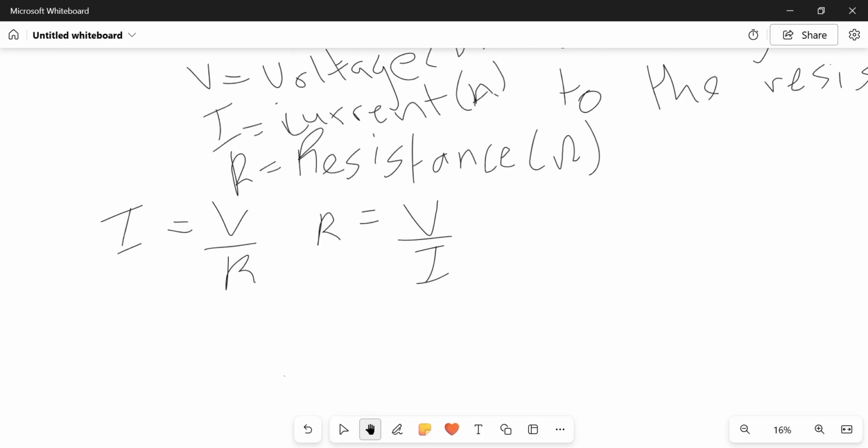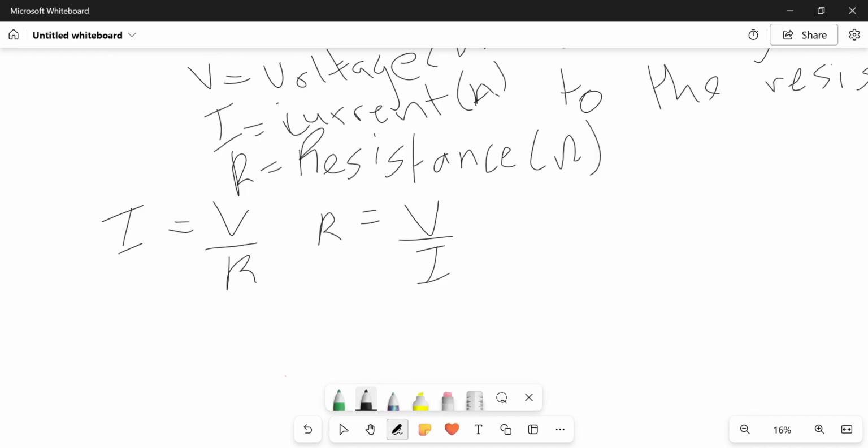If you can check here, when you increase the resistance, the current will decrease. That's how it normally operates. So this is a short summary that you can know about Ohm's law.